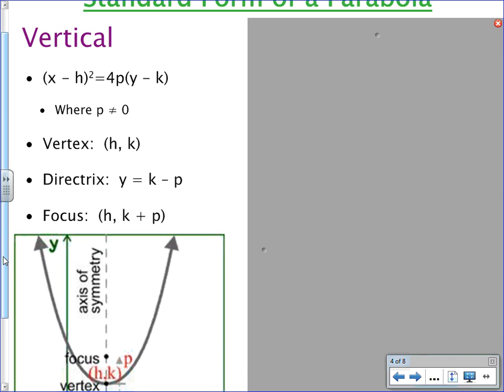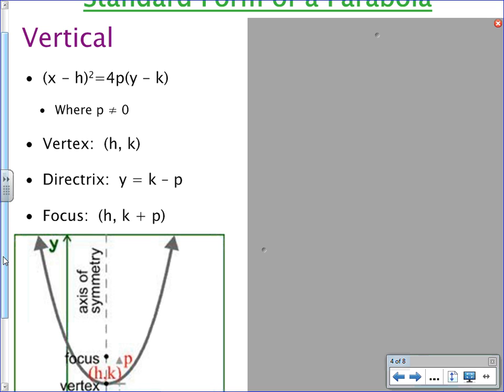We're actually going to have parabolas that open vertically and horizontally. First, we'll talk about the comfortable ones, the ones that open vertically. So this is our standard form here. Notice how the x minus h is squared, the y minus k is not.